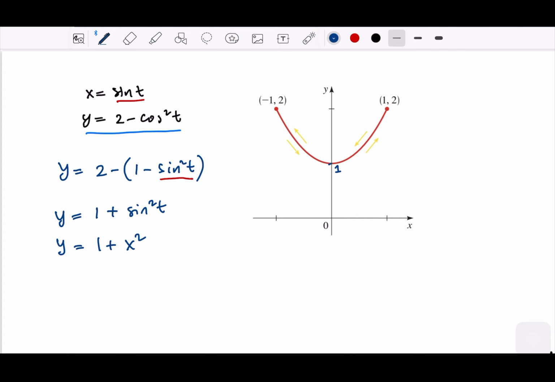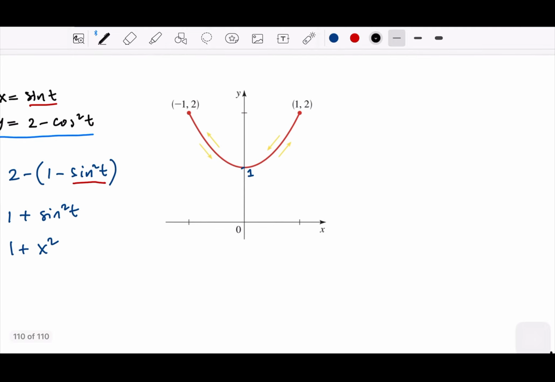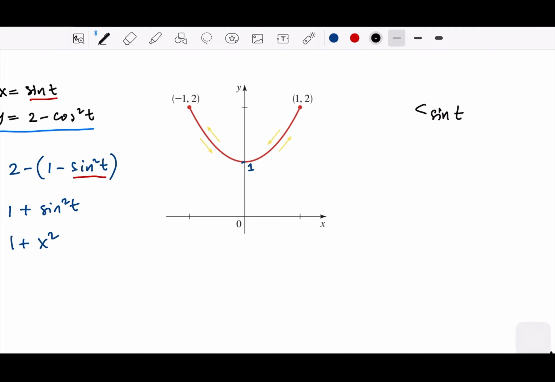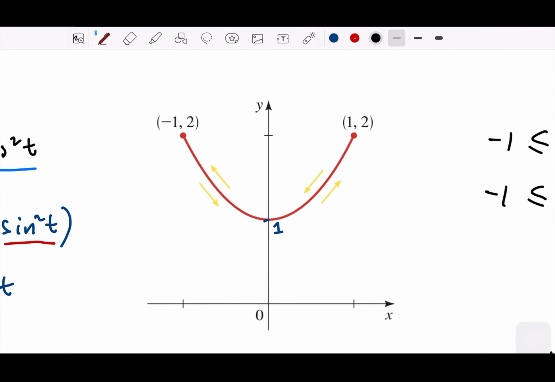And then we could also see that since sine t will be in between -1 and 1 for its minimum and maximum value, our x will also go from -1 to 1. So the curve will have some limit here. So the curve will not exceed this point.